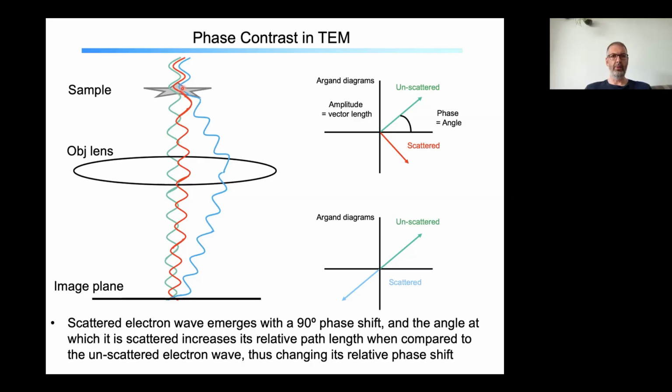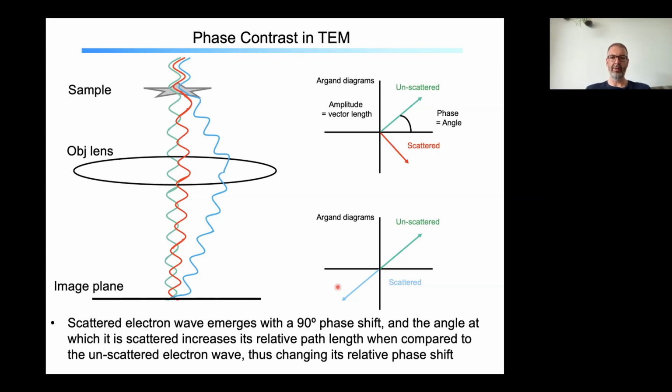What happens is, as you increase the scattering angle, that increases the path length that the scattered electron wave covers. So when the objective lens refocuses the electrons back to form the image at the image plane here, you can see that the wave scattered at higher angles has traversed a larger distance, so that path length difference has added an additional phase shift.